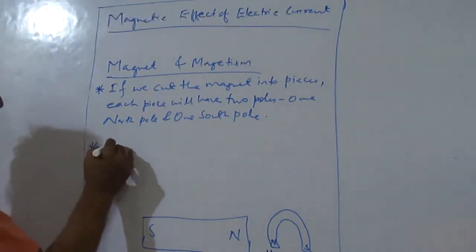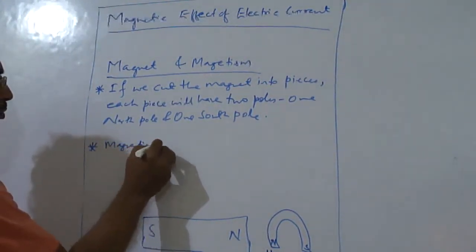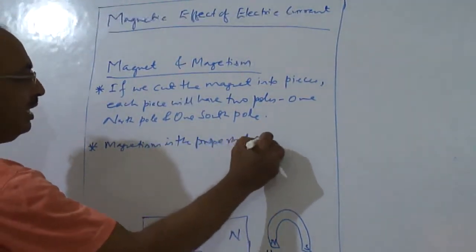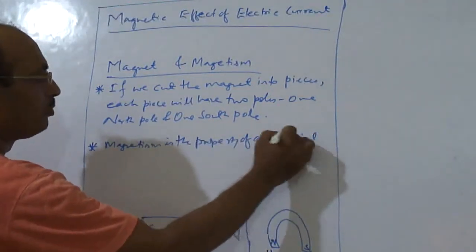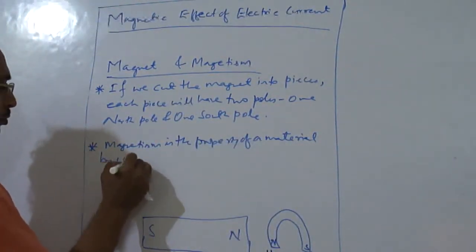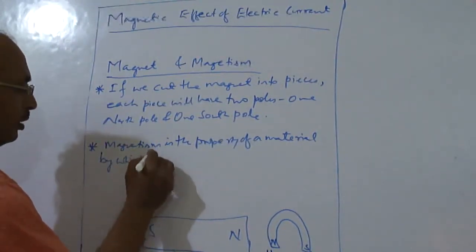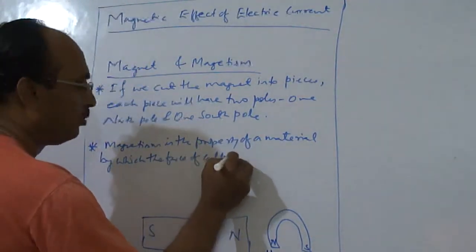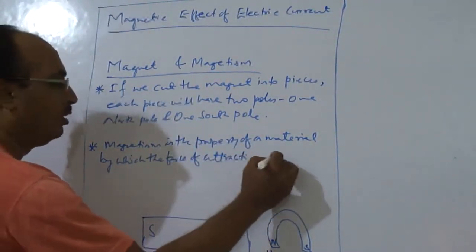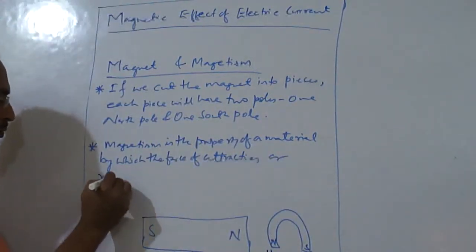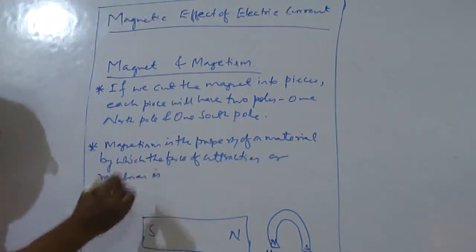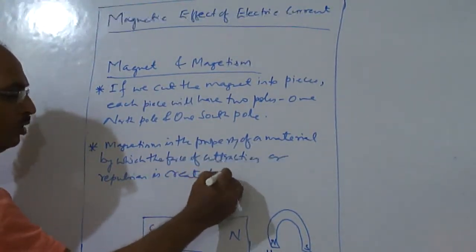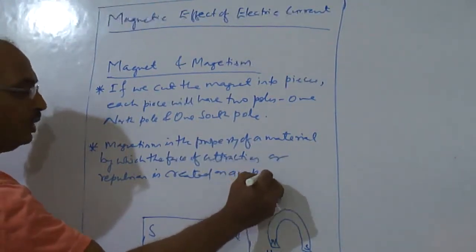So magnetism is the property of a material by which a force of attraction or repulsion is created on another object.